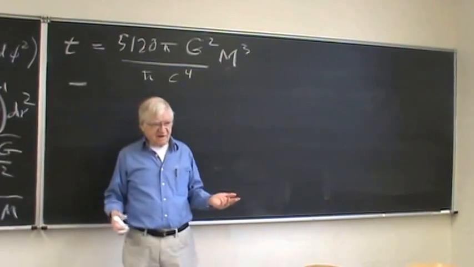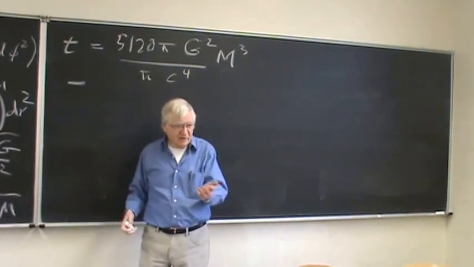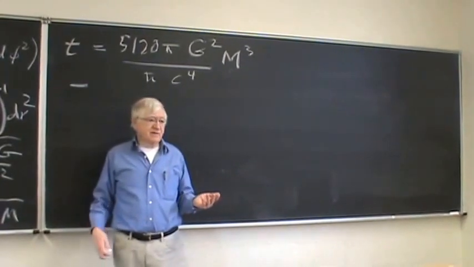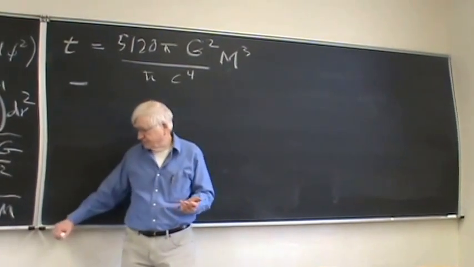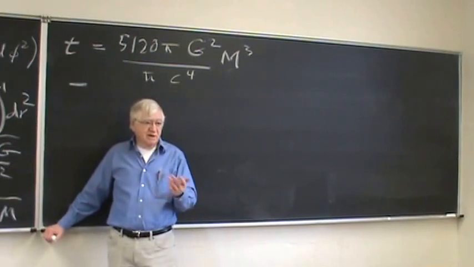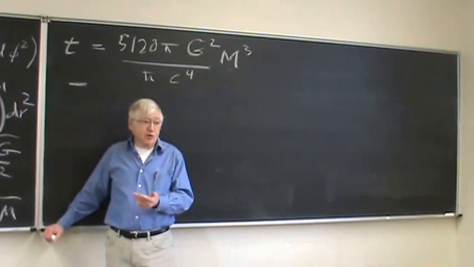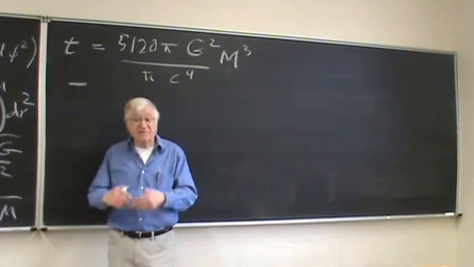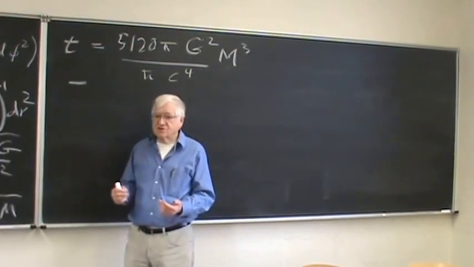It's not settled physics. In fact, we have a colloquium on Friday where the guy is going to be talking about what measurements might support or contradict this inflationary picture. It's called inflation.